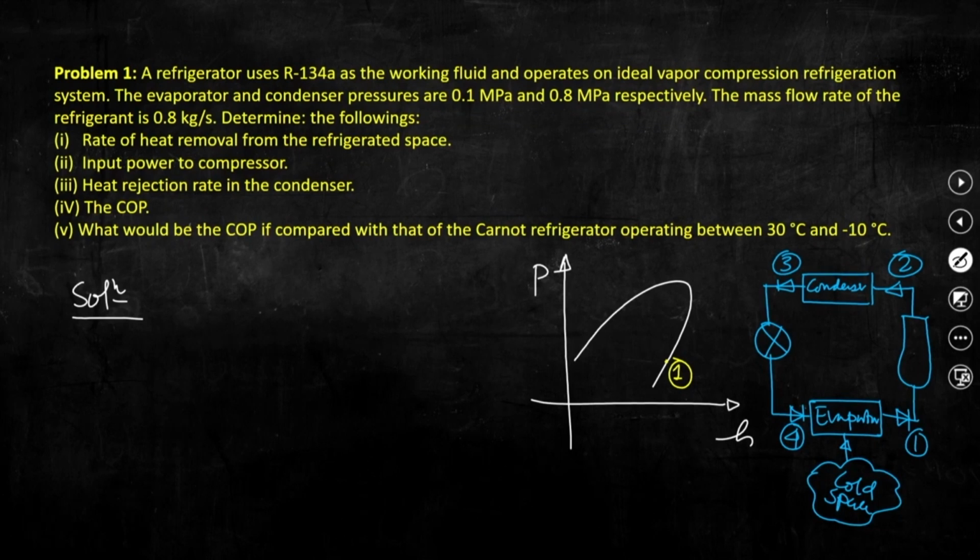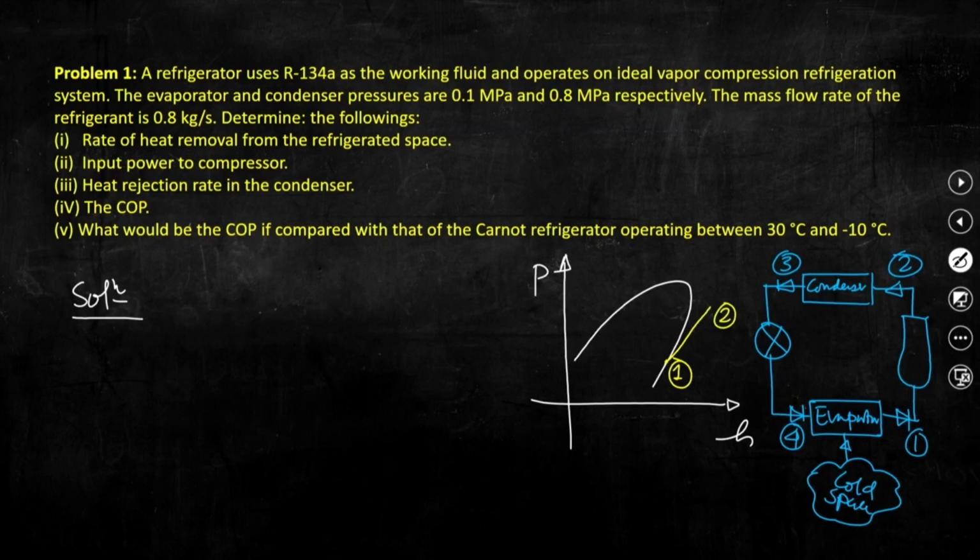Now, process 1 to 2, for which entropy is constant, assuming that the compression process is a reversible adiabatic process. So, this is point 2, certainly pressure increases from 1 to 2, because that is why the compressor is needed.